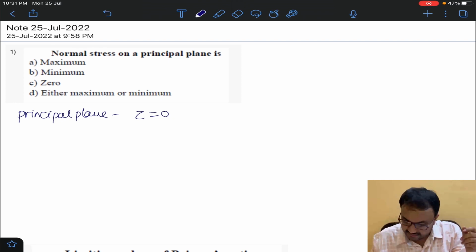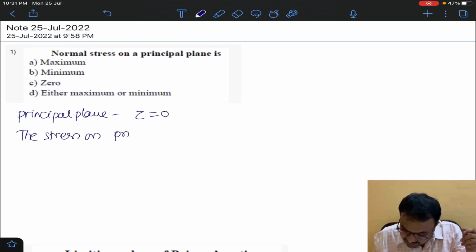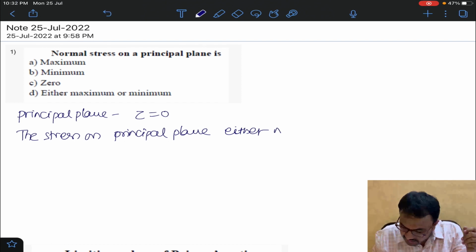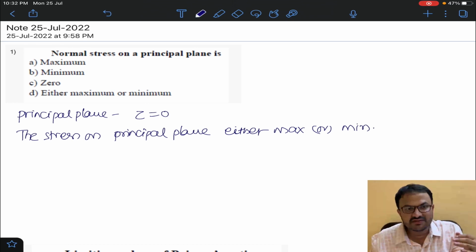Okay, and the stress on the principal plane is either maximum or minimum. There is no shear stress on the principal plane. Only normal stress is available on the principal plane. Either it may be a maximum or it may be a minimum.